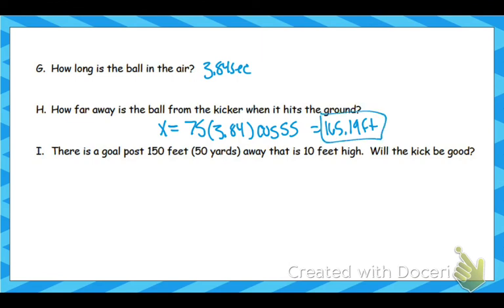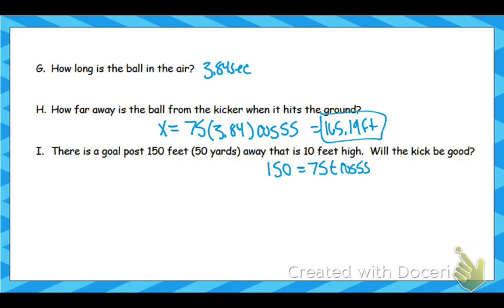The last one's a little tricky to do algebraically, but you definitely can. What this is saying is there's a goalpost 150 feet away that is 10 feet high. Will the kick be good? Algebraically, we would need to figure out what time the football would be at a distance of 150 feet. So I would do 150 equals 75t cosine 55.